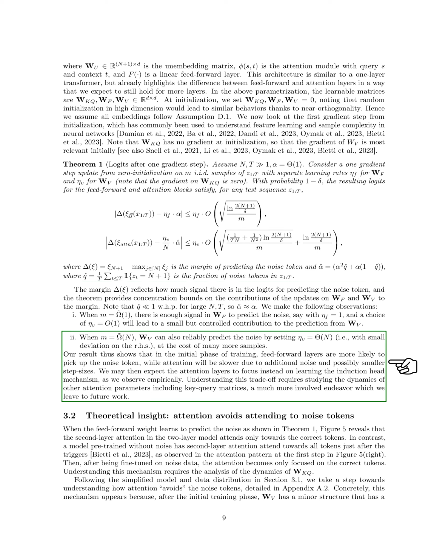Our analysis reveals that during the initial training phase, feed-forward layers are more likely to identify the noise token, while attention layers may progress slower due to additional noise and potentially smaller step sizes. This suggests that attention layers may focus on learning the induction head mechanism instead. Exploring this balance further would involve studying the dynamics of other attention parameters, such as key query matrices, which we leave for future investigation.